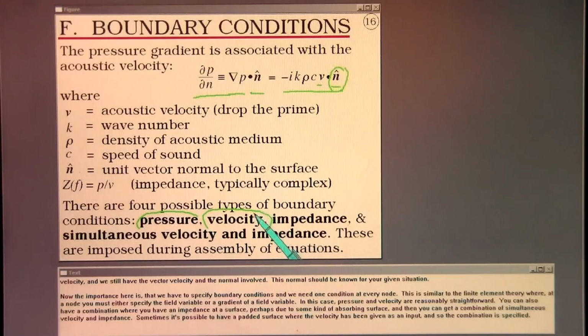You can also have a combination where you have an impedance at a surface, perhaps due to some kind of absorbing surface, and then you can get a combination of simultaneous velocity and impedance. Sometimes it's possible to have a padded surface where the velocity has been given as an input, and so the combination is specified.